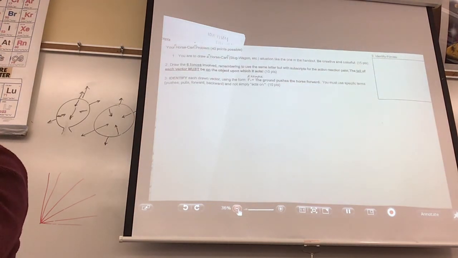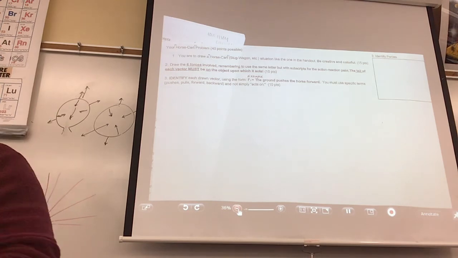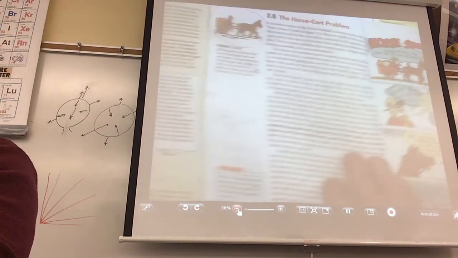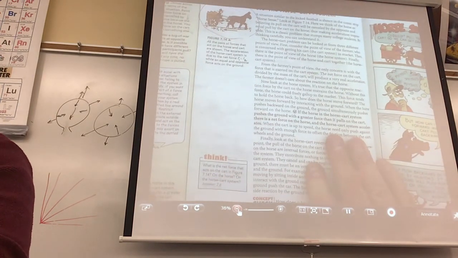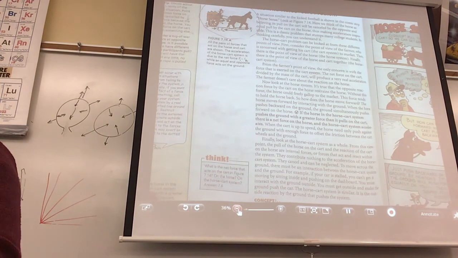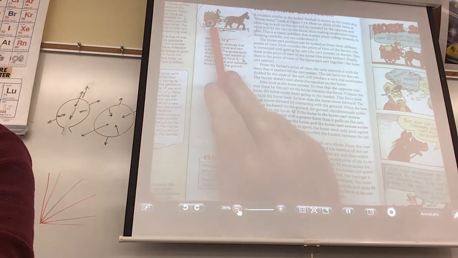Yes? Is there a way that friction is greater than the force acting? Say it one more time. So I realize that friction can be equal to a force acting opposite it. Can it be greater than a force acting opposite it? So is there any world where F2 is greater than F1? I think it could be greater.